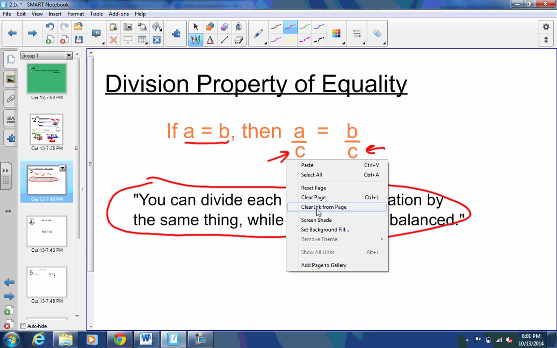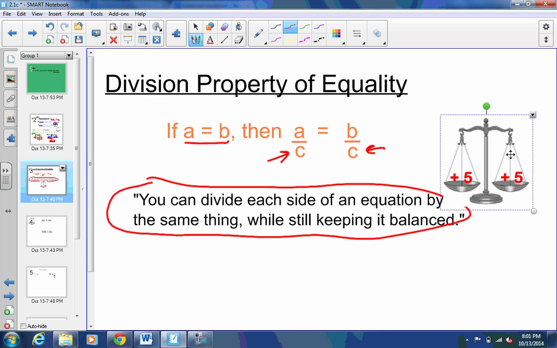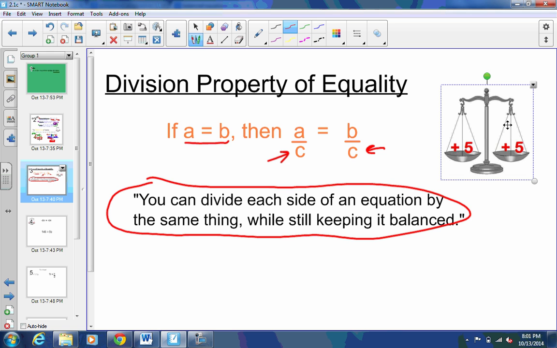And keeping that consistent, we can look at a scale, and instead of adding 5 to both sides, let's say that's division instead.